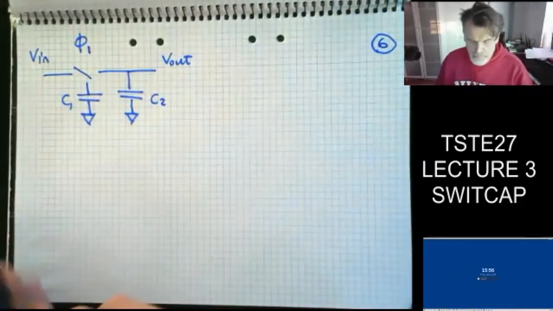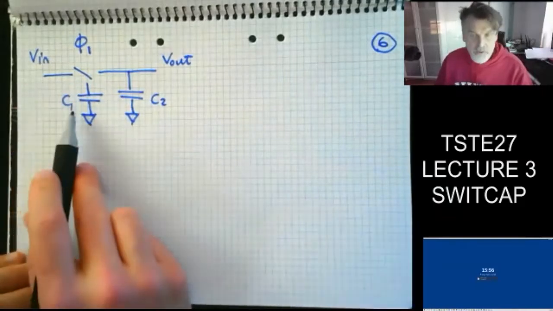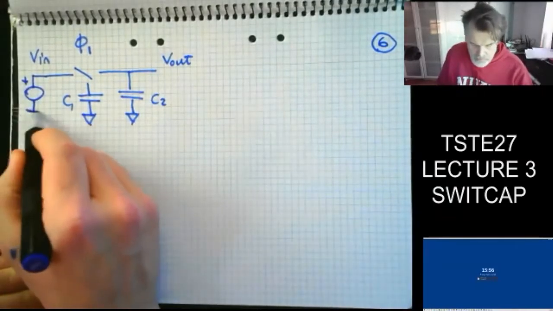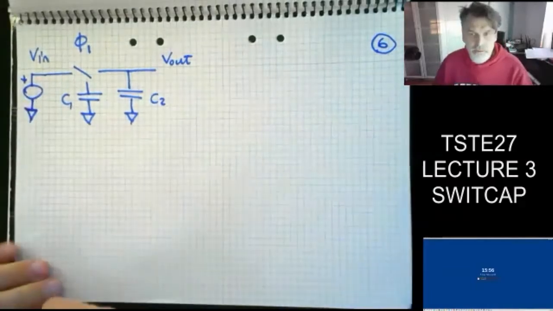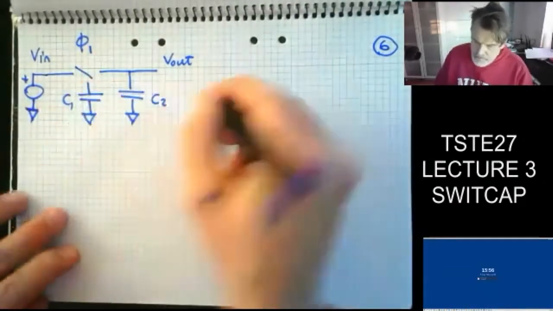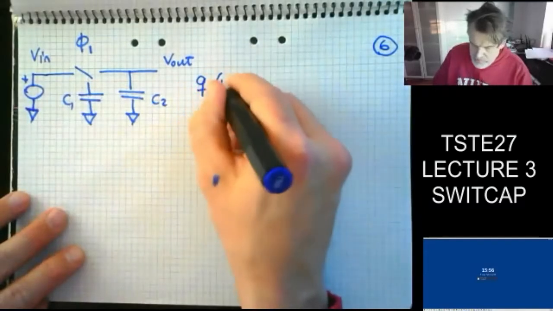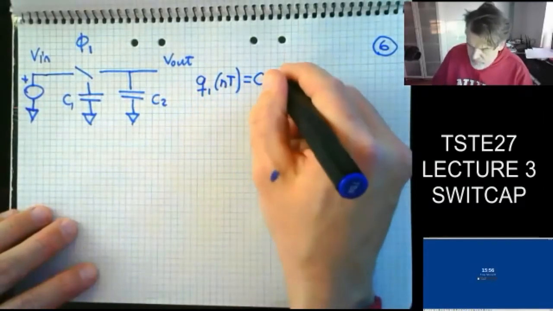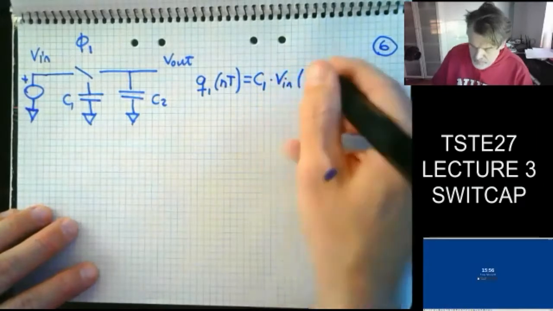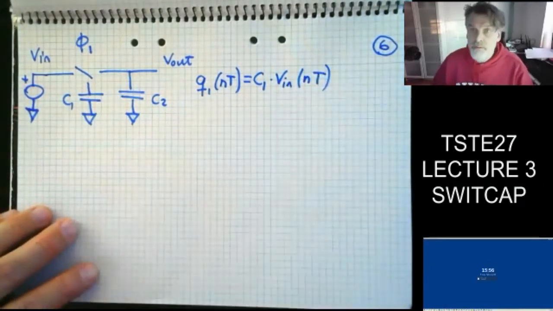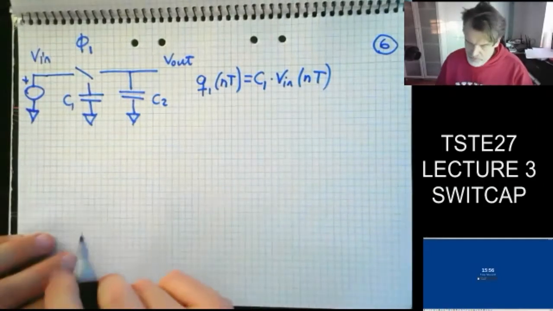Okay, so what's happening here now is that we recharge C1 with our ideal voltage source, which forms my input. And that means that the charge Q1 at nT is equal to C1 times V in of nT. We will soon throw out this T from the equations too.